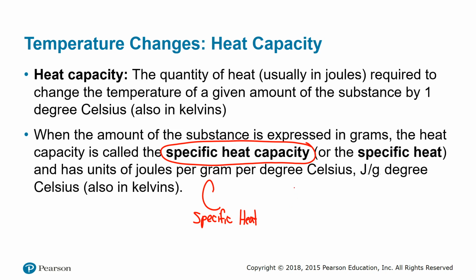The units are going to be joules per gram degrees Celsius. So notice the units have joules in them, grams, and degrees Celsius. So it's kind of like a conversion factor in and of itself, and we can use that to cancel units to solve for one thing or another in our equation.